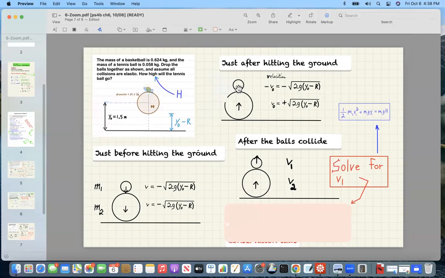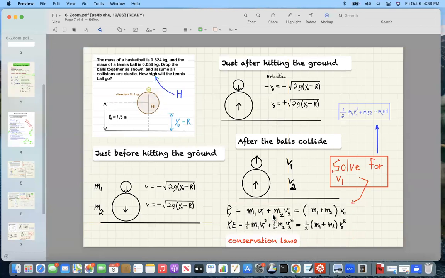The tennis ball has been bounced up by the basketball. The basketball loses a little bit of energy. The tennis ball gains a lot of energy from the collision. What you want to know is, how high does the tennis ball go? Well, if you know its initial velocity, you can figure out how high it goes by conservation of energy. But first we have to figure out what v1 and v2 are.